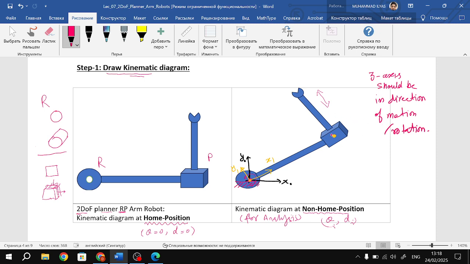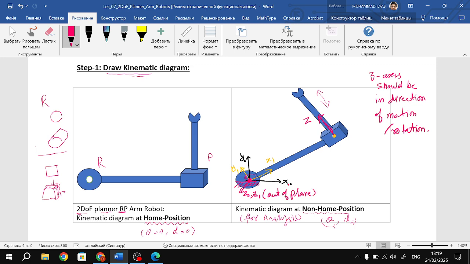Direction of motion means that the z-axis should be along the direction this joint is moving, right? This frame is rotating about the axis which is out towards you. So that axis is the z-axis, right? So Z0 and Z1 both are out of the plane, out of the page, right?